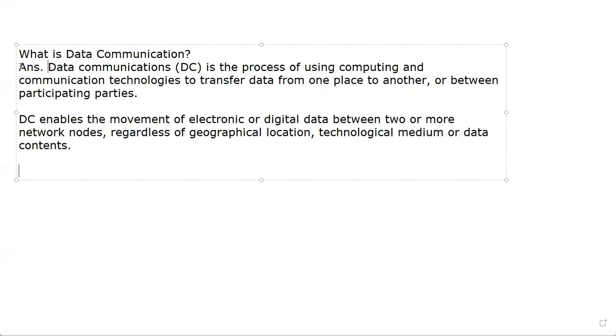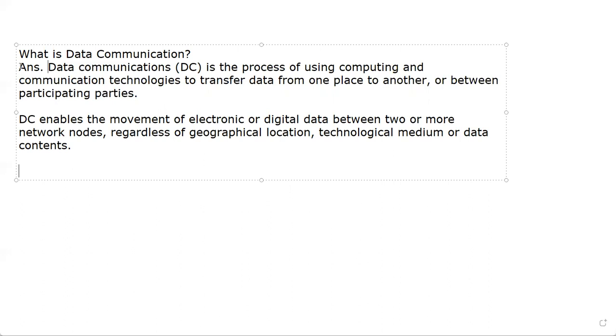It is a very popular and classy definition of data communication. That means DC is the process of transferring data from one place to another, or from one party to another party.